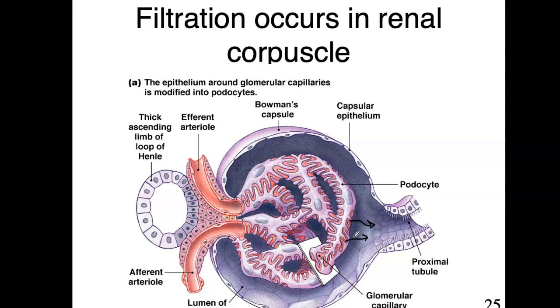Okay, so it's the actual epithelium around those capillaries that is very, very leaky, and it's made up of these cells that leave a lot of space between one cell and the next.